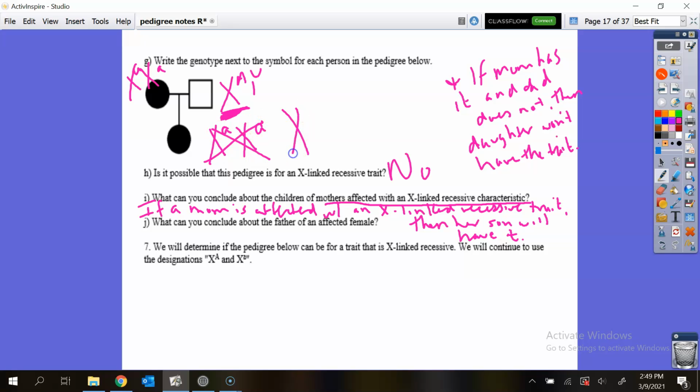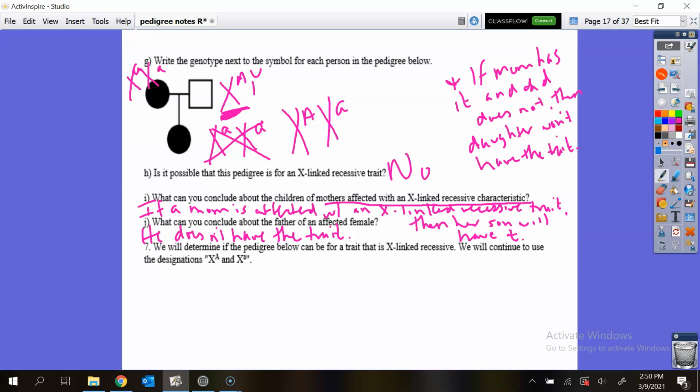The daughter won't have it if dad does not. So what can you conclude about the father of an affected female? Like I just said, he doesn't have the genetic disorder or the trait for it.